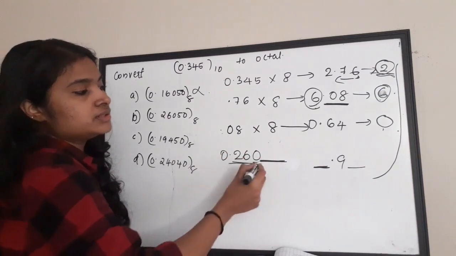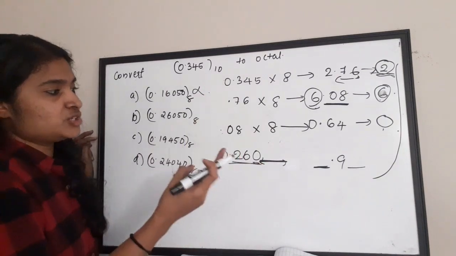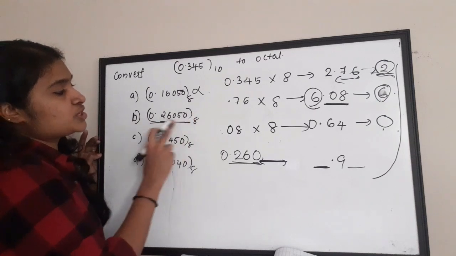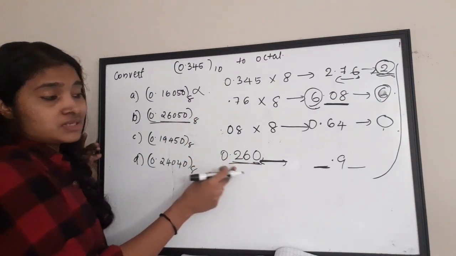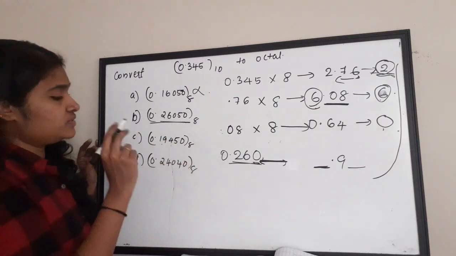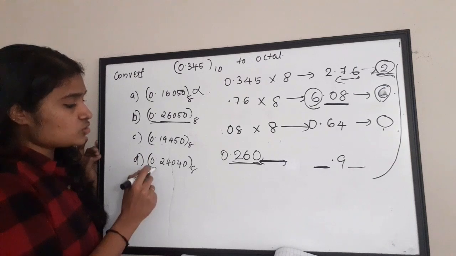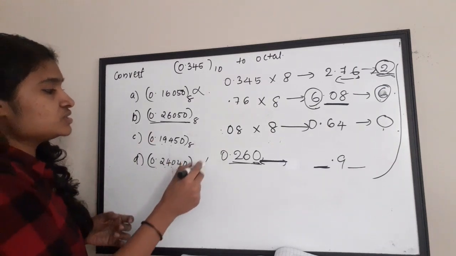We have the multiplications left, but we are not doing that multiplication. There is only one option corresponding to 0.260 or numbers close to that, because the next number is 0.1945, which is not. Also the last option is 0.240, which is not our option. So this is not our answer.